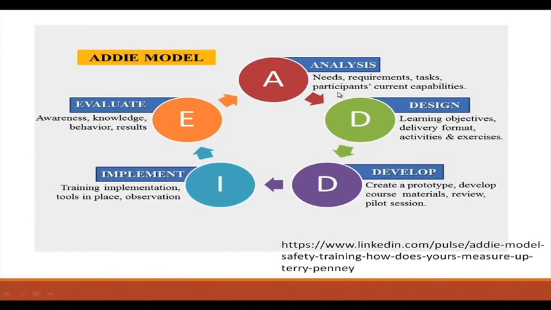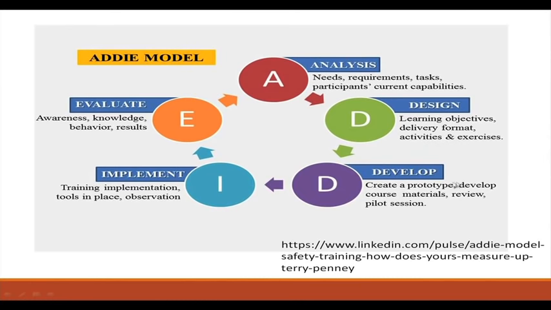So, just see here in this picture ADDIE, where A is analysis: needs, requirements, tasks. Then D is the design: learning objectives, delivery format, activities and exercises.